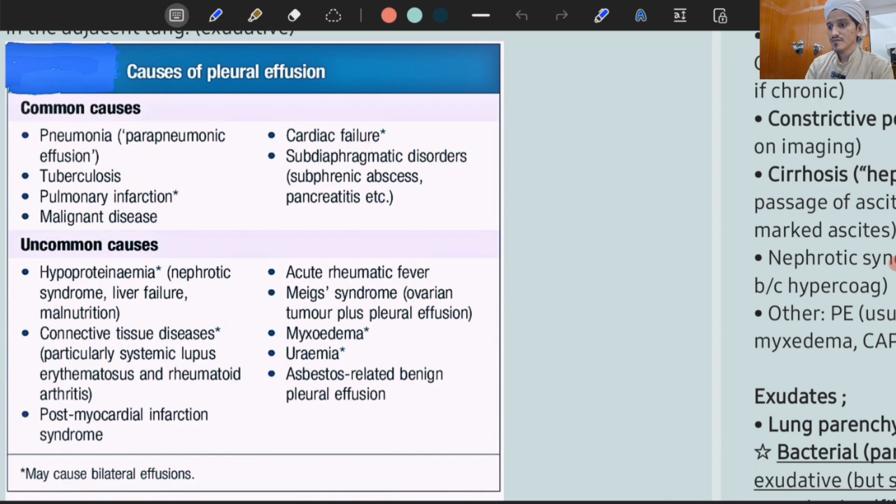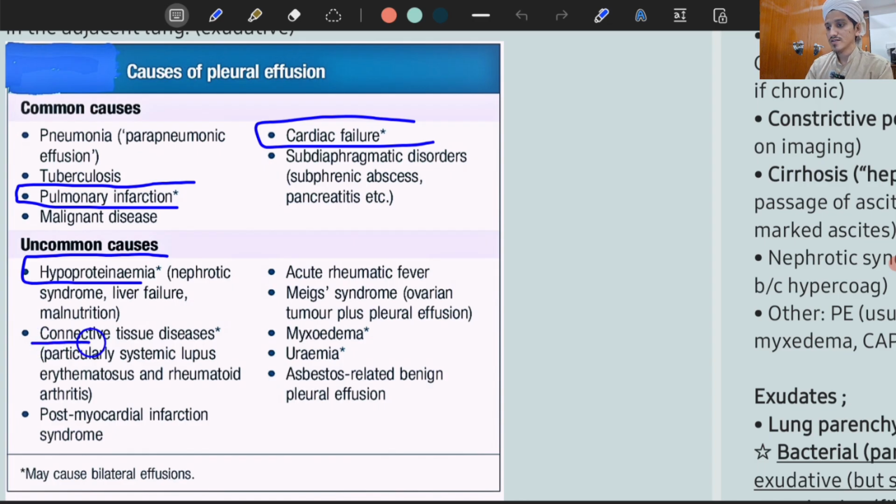Remember, pulmonary infarction, cardiac failure, hypoproteinemia, either due to kidney or liver disease or malnutrition, connective tissue disorders, myxedema, and uremia may cause bilateral effusions.